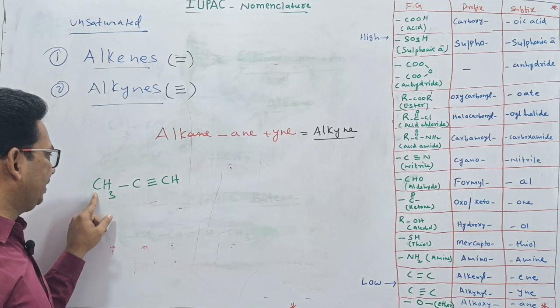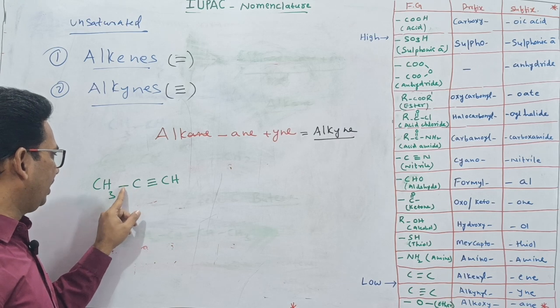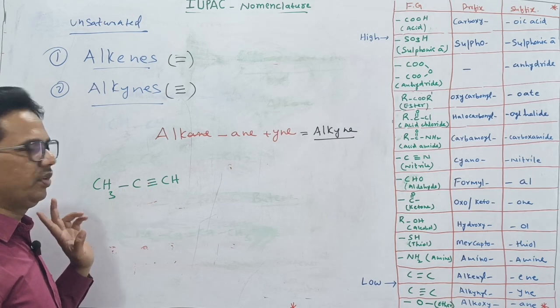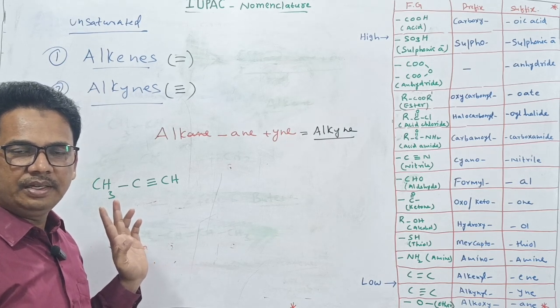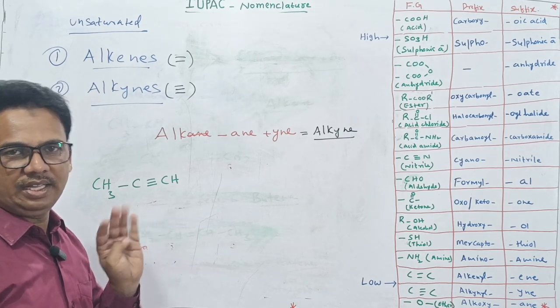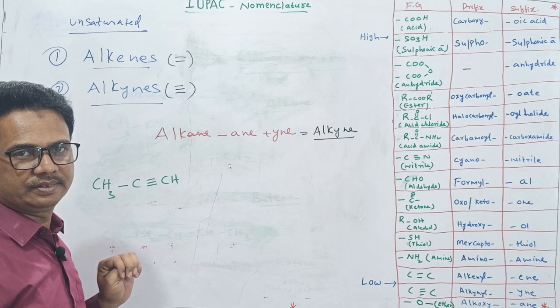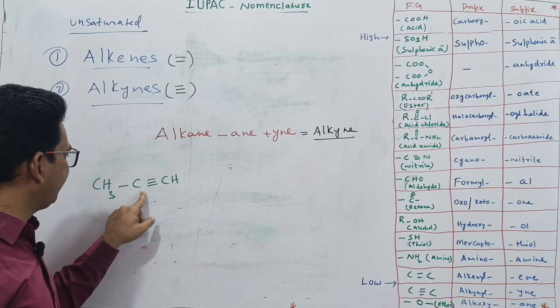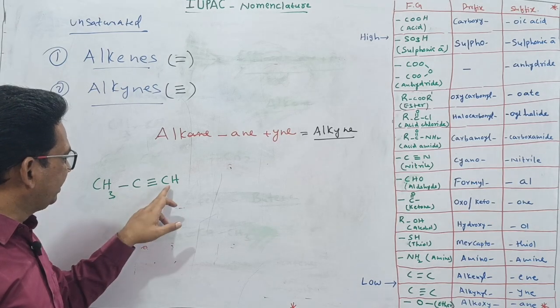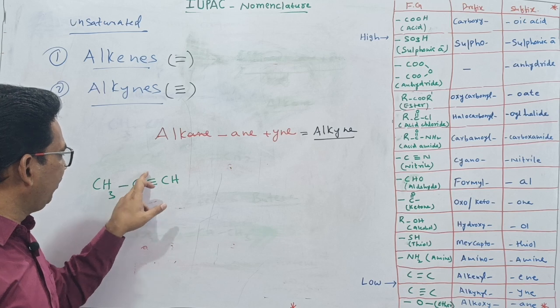This carbon has valency 4. See this carbon? 1, 2, 3, 4. It is combined with 4 other atoms. Now you can see this carbon also has valency 4. This carbon also, 1, 2, 3, 4.